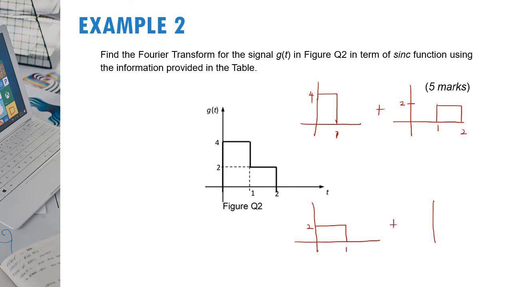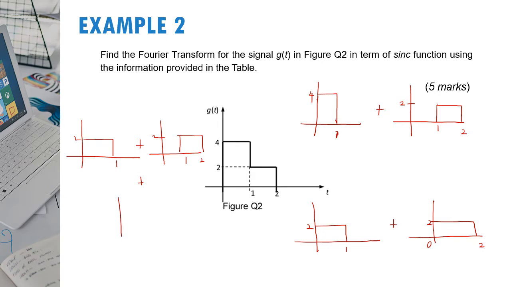plus 0 to 2 and 2, or you can also do a multiple operation, 2 and 1 plus 1 to 2 plus another one, 1 and 2.